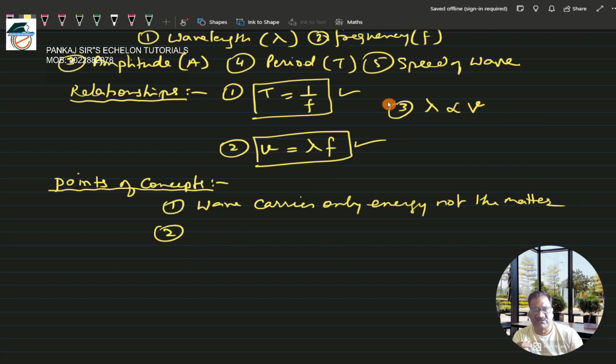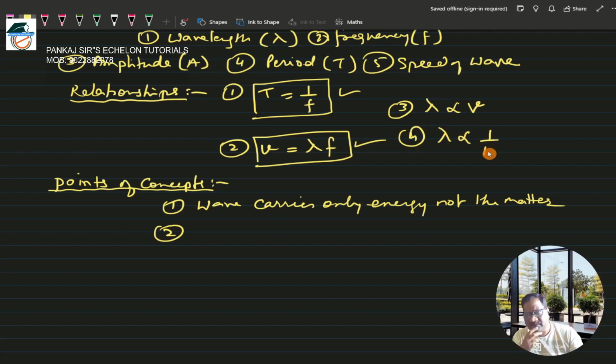So if the velocity of the wave is more, the lambda is also more, the wavelength is also more. And the fourth relationship is lambda and frequency are inversely related.